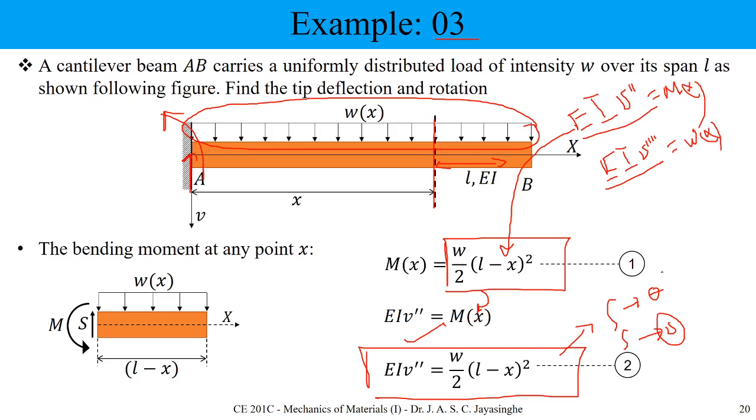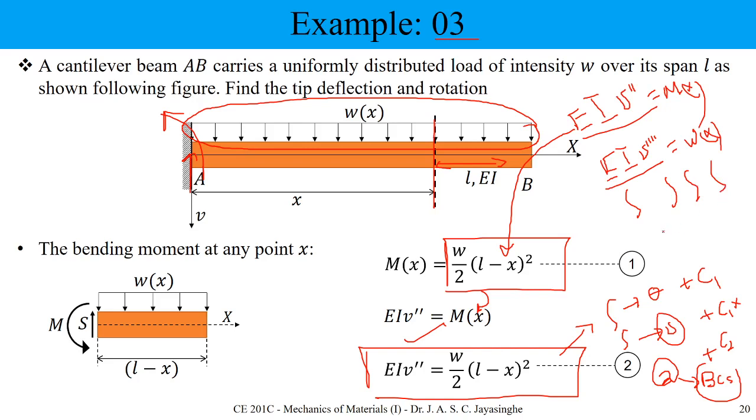And then to obtain this, here we can see the first integration constant, and here another integration constant. Altogether we need to work with 2 integration constants here. That means you need 2 boundary conditions. But when you come here, you can see to obtain this you need 4 integrations.